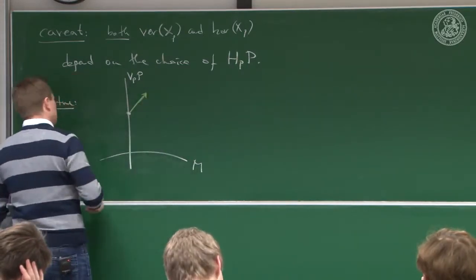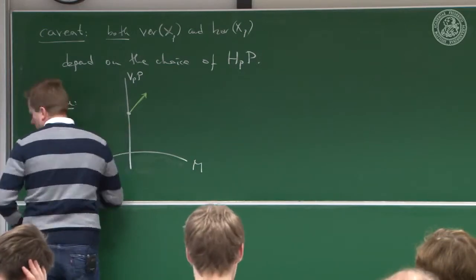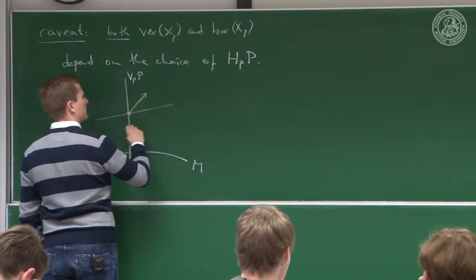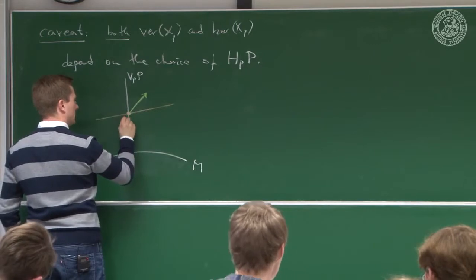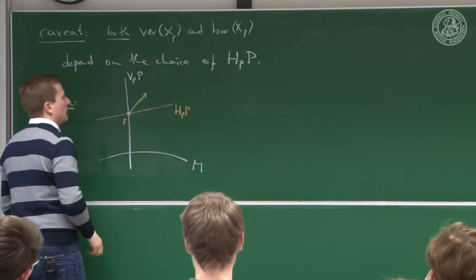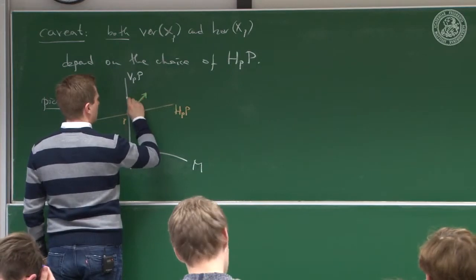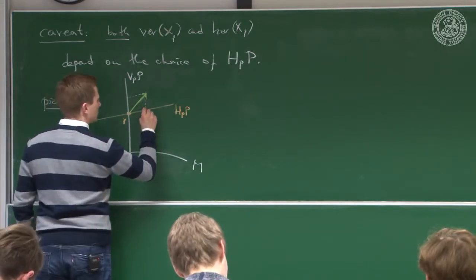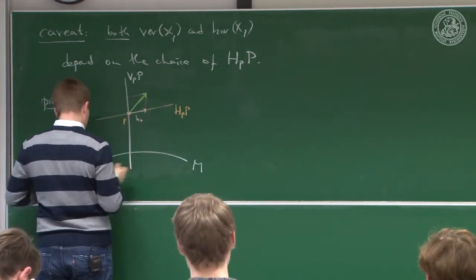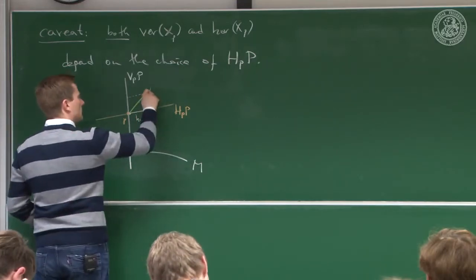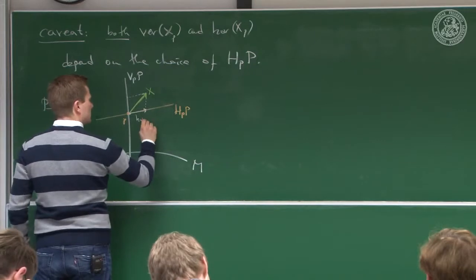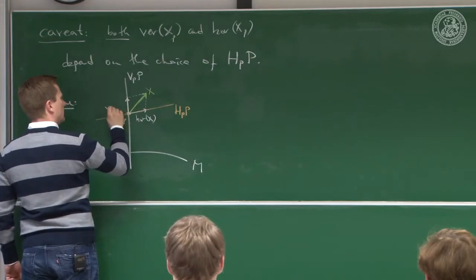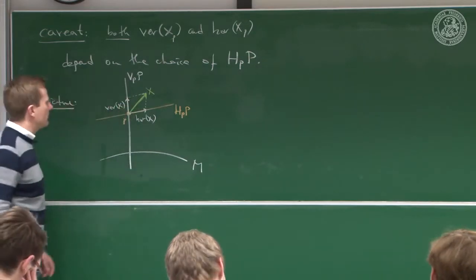Say my choice of horizontal subspace is this one, so this is the point P here, and this is H_P P. And now it's clear that the decomposition here is into a vector here. If this is x, that's the vector, then this here is hor x, and this guy here is the vertical part of x at this point.